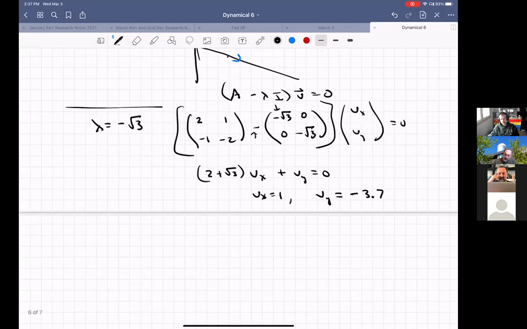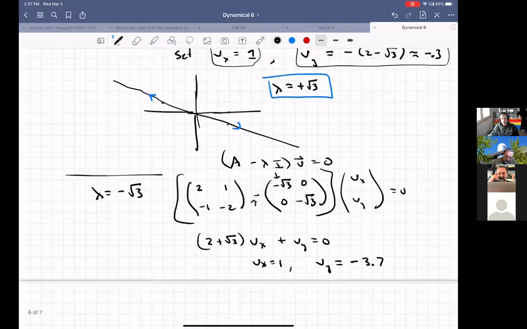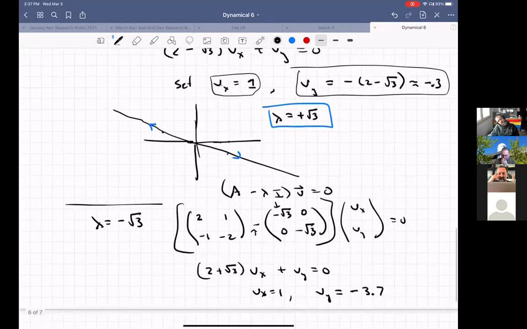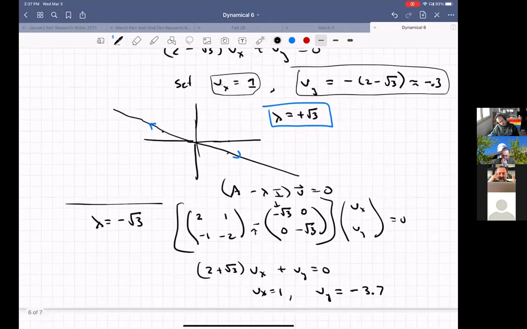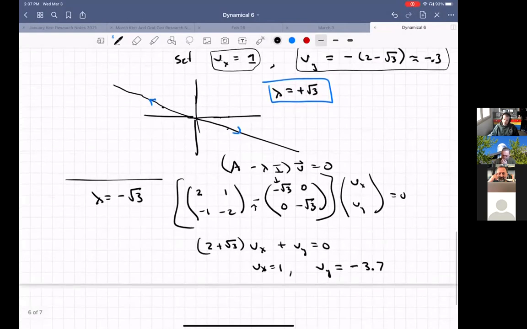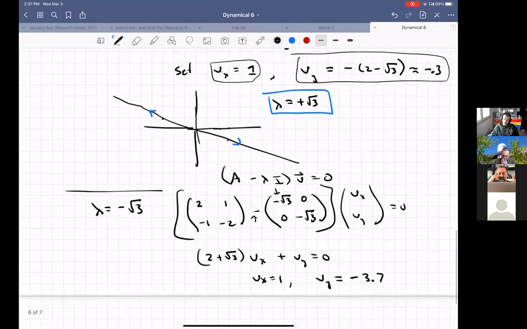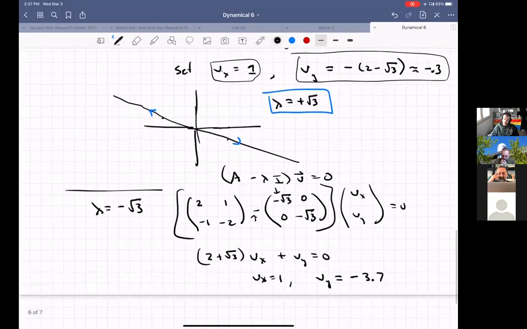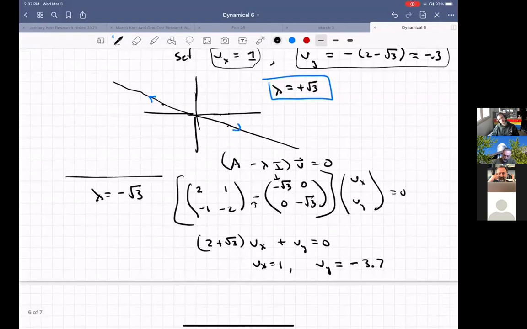Okay, so now if I come up here, Vx is 1. Okay, I guess that's all right. So if I go over 1, I've got to go down like 4.